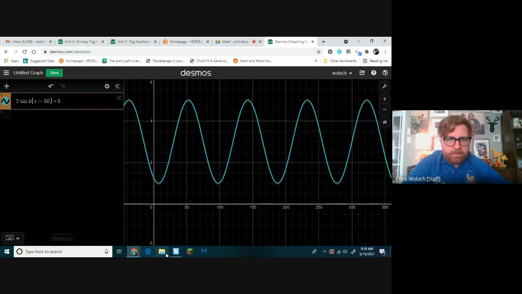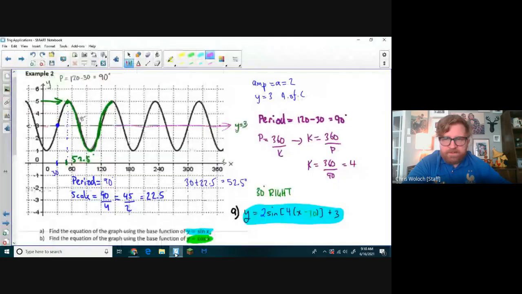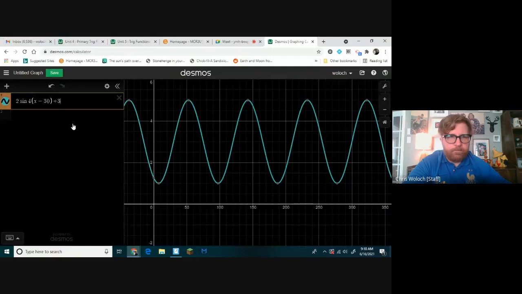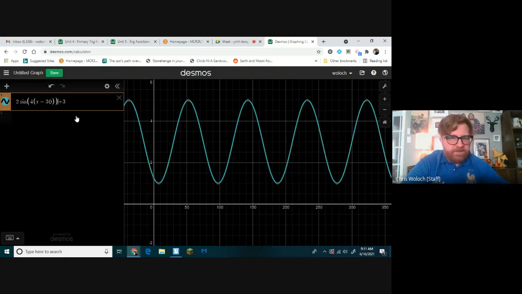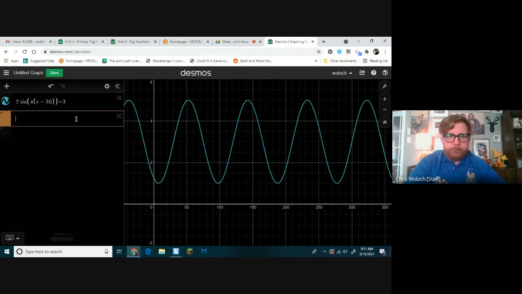Let me just double check. 2 sine 4x minus 30, yeah, okay. Just notice how I put it in Desmos, I don't need the double bracket around there, because in Desmos the square brackets are something else. All right, so there's my graph.